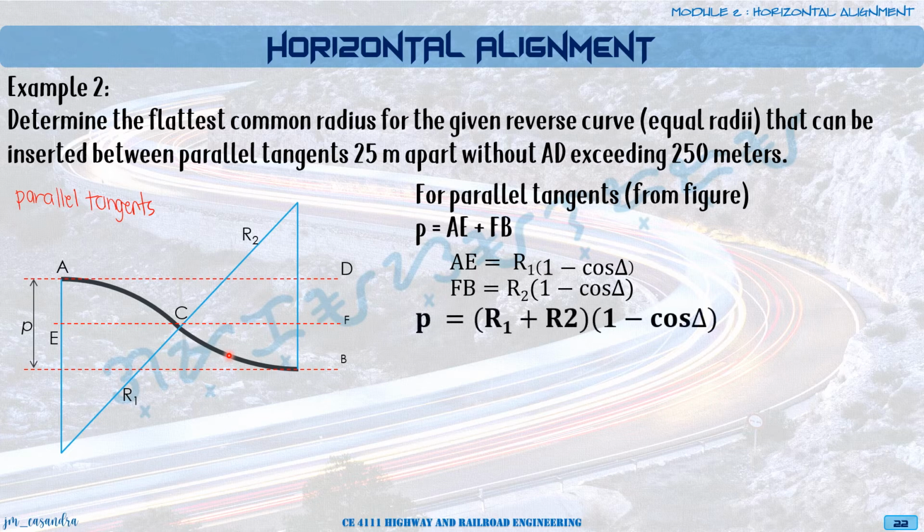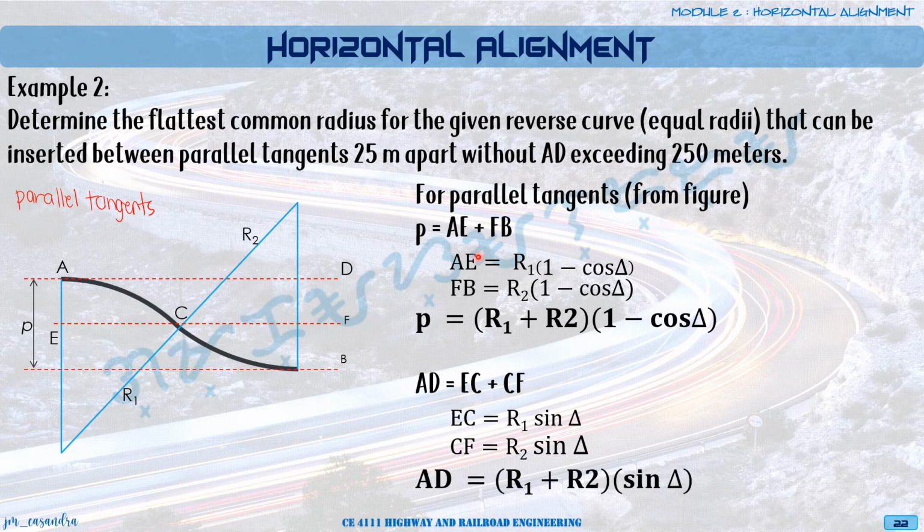Or simply, P is equal to R1 plus R2 times 1 minus cosine of your central angle. And also, AD is equal to EC plus CF, in which EC is equal to R1 sine of delta and CF is equal to R2 sine of the central angle delta. So, completing this, AD is simply equal to R1 plus R2 times sine of the central angle.